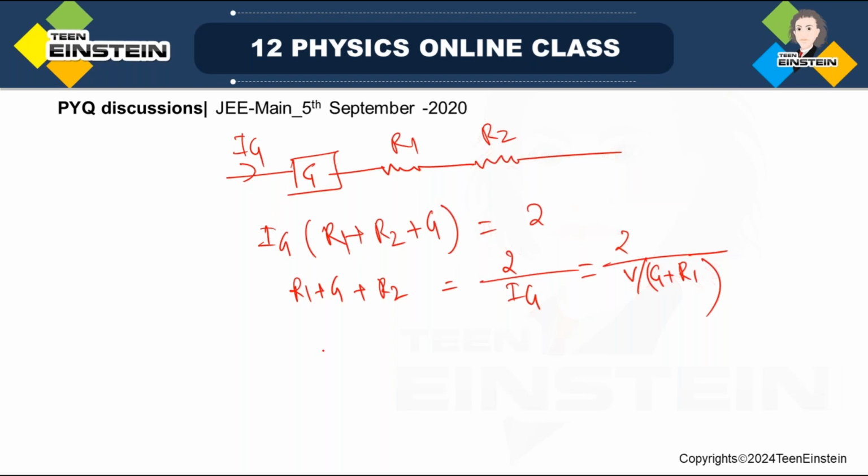Now what is this R2? The V and 2V, the V gets cancelled. So I get 2 of G plus 2 of R1 minus G minus R1, so I get G plus R1.